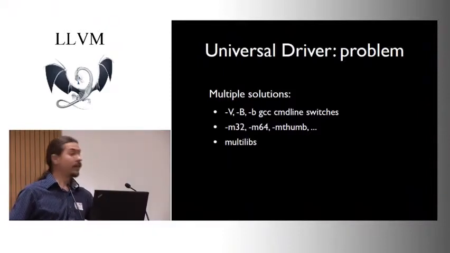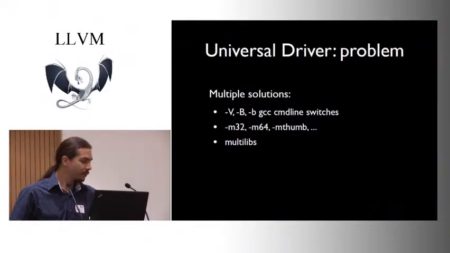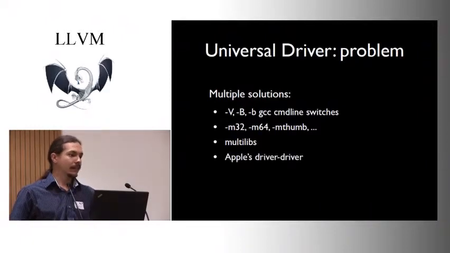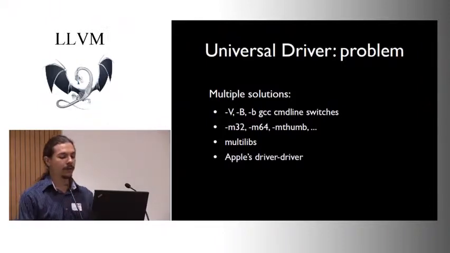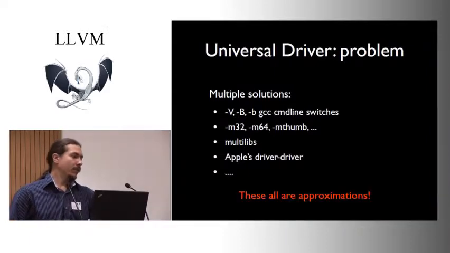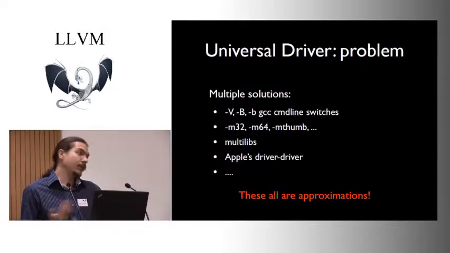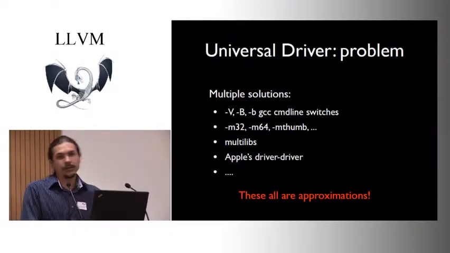There are other examples, for example, Apple's driver, which tries to select the whole toolchain depending on the command line you provided to the compiler. But all these are just approximate solutions to the whole problem. So we need to find some generic solution for cross-compilation in Clang.